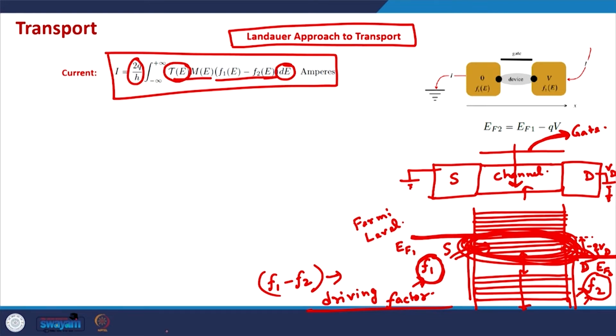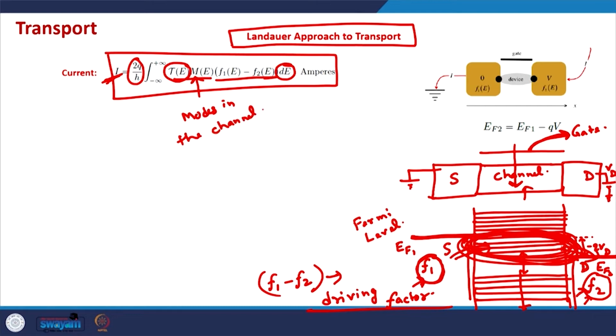So this is a very straightforward expression in a way, because it takes into account this parameter M(E). And what is M(E)? M(E) is the number of modes in the channel. And what are the modes?